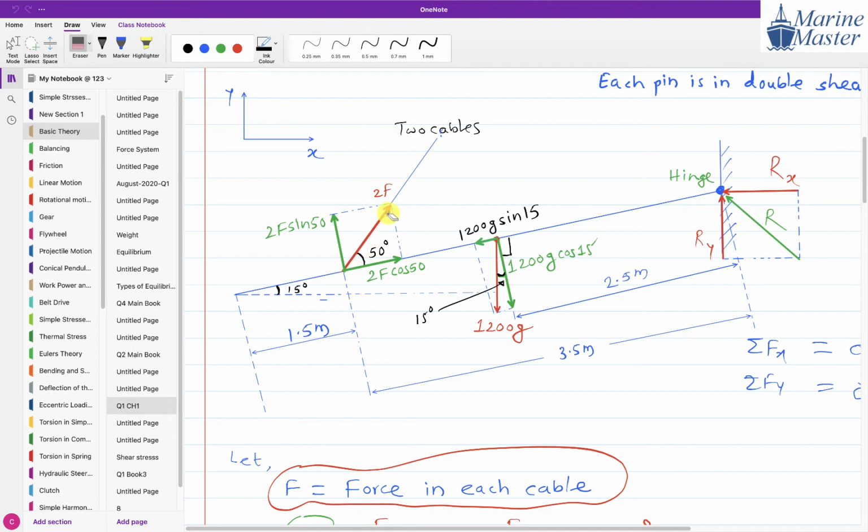If you observe this force 2F, what do you come to know, that this 2F will have what? Two components. This 2F will have two components. One is along this inclined plane, and another one is perpendicular to the inclined plane.